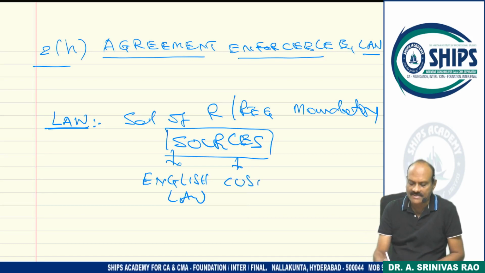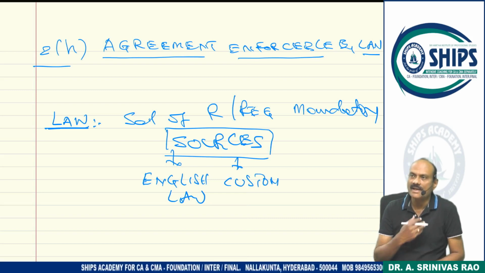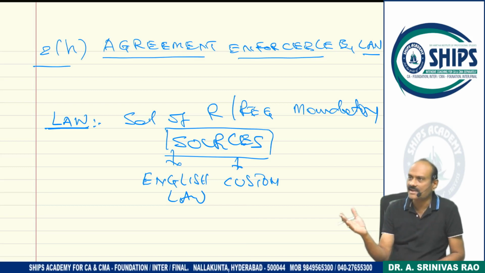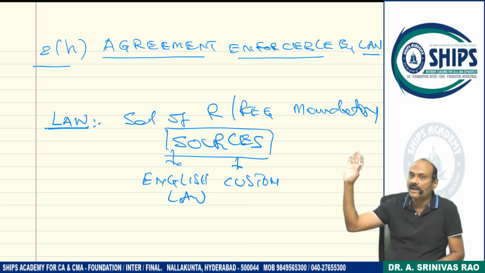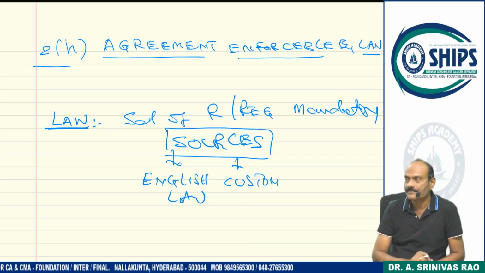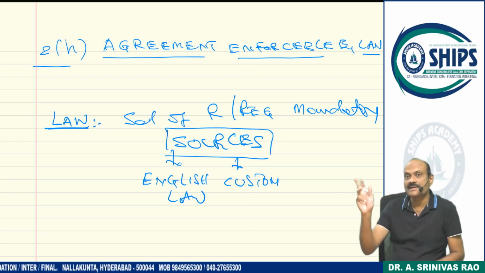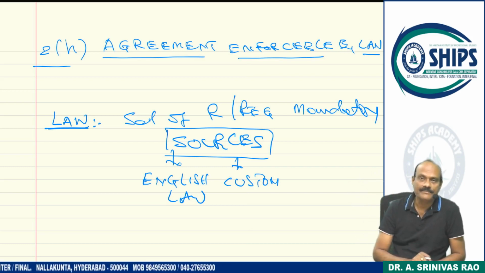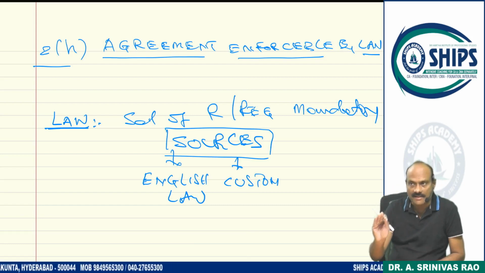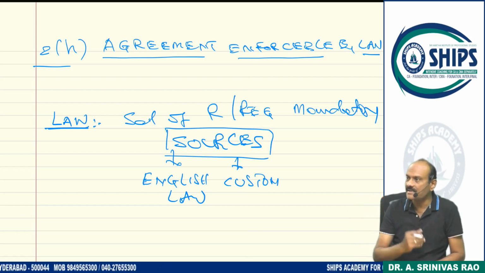Second one: custom. Being a Hindu, a Muslim, a Christian, or of any other religion, whatever the personal laws are, we can follow them. Tell me one law which is against our customs and traditions. In our custom, wherever good practices are there, law also accepted.